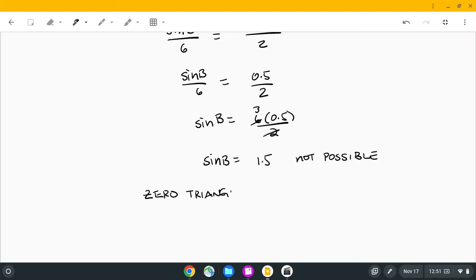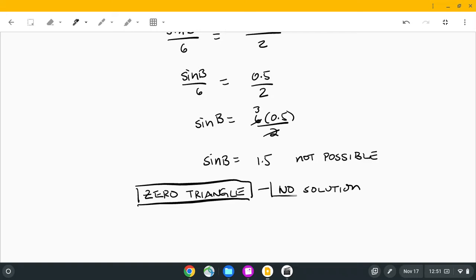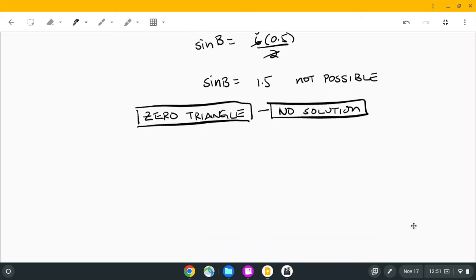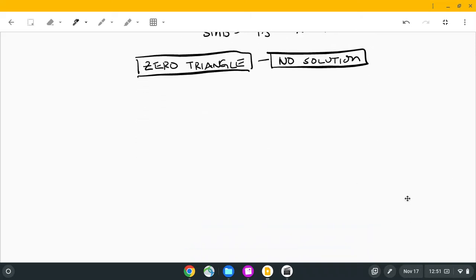Or here, they're asking you to solve for b, so you would say no solution. I'm not sure what they're going to want you to put, if they want you to put no triangle or no solution. So just try the different answers.